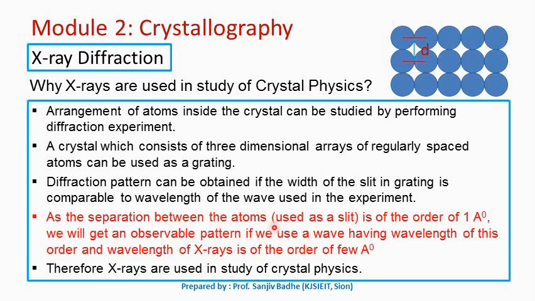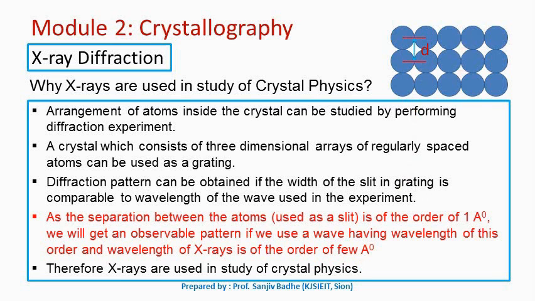So as the separation between the atoms used as a slit is of the order of 1 or 2 angstroms, we will get an observable pattern if we use waves having a wavelength of the same order, and the wavelength of X-rays is of that order.